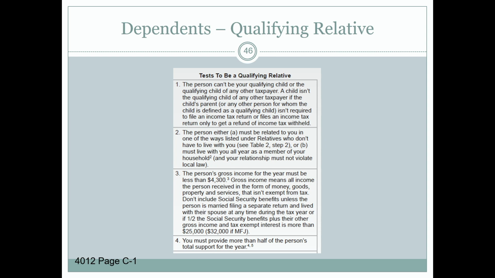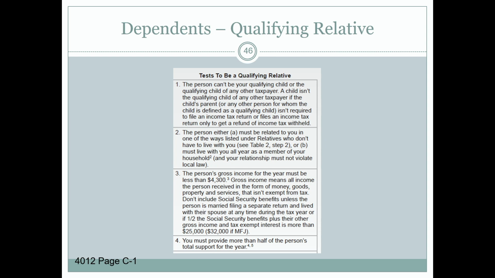Number 3, the person's gross income, and this is the potential dependent's income. The person's gross income for the year must be less than $4,300. And by gross income, we mean all the income that the person received. It could be in the form of money or goods or services that isn't exempt from law.